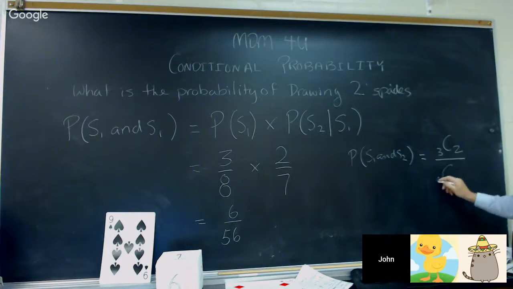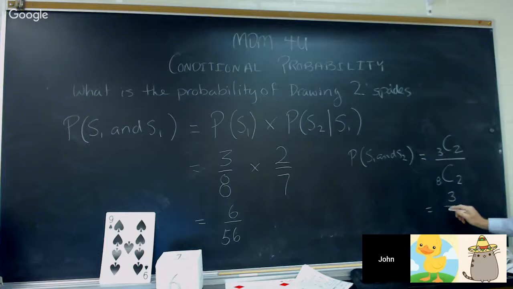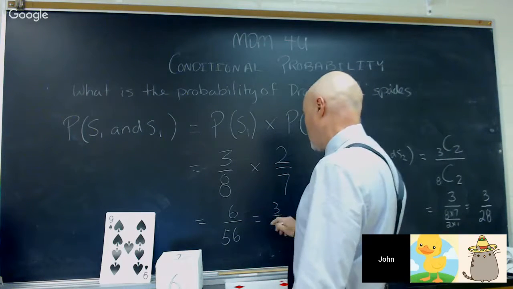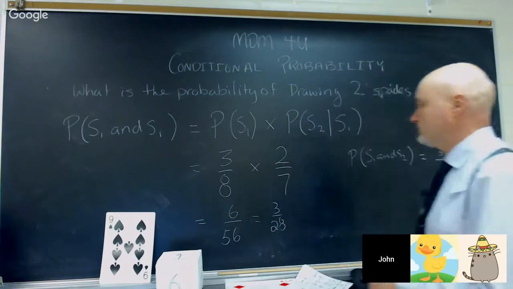And this is going to be out of the total number of combinations of 2 cards. If I'm drawing from a group of 8, 3 choose 2 is 3, and 8 choose 2 is 8 times 7 over 2 times 1, which is equal to 3 over 28. And if I reduce this, this is just 3 over 28.